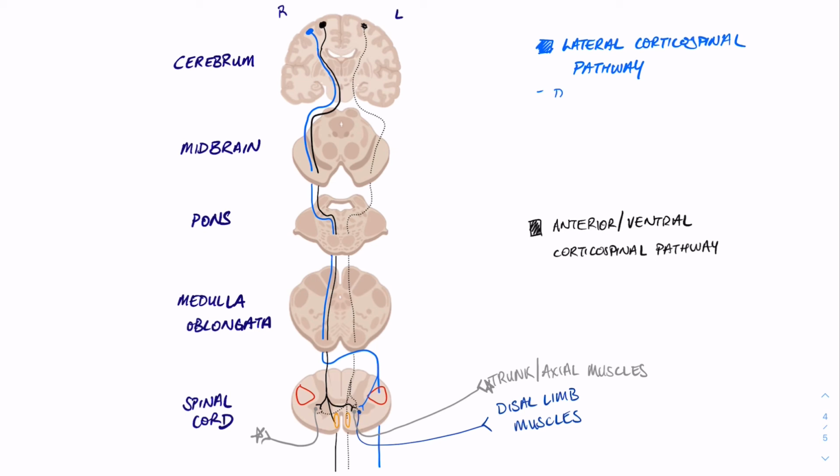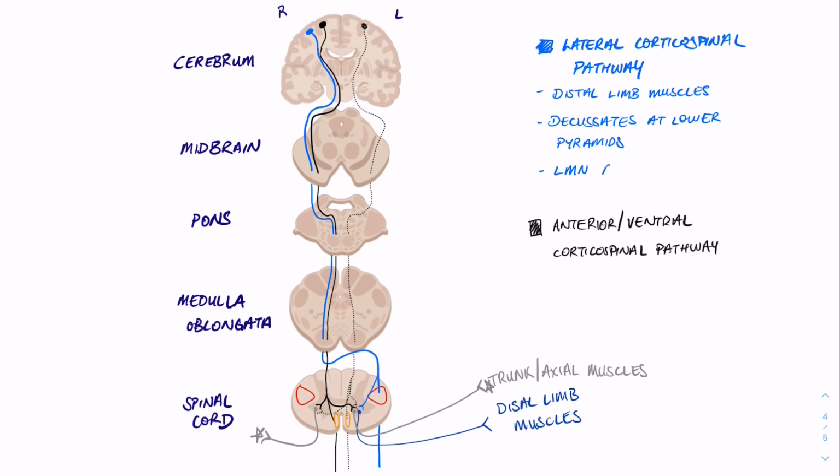So to just sum up, in blue we had the lateral corticospinal pathway, and that provided innervation to the distal limb muscles, and this is voluntary control of skeletal muscles. This particular pathway, these fibers decussate at the lower pyramid, which means they cross over from right to left and left to right.